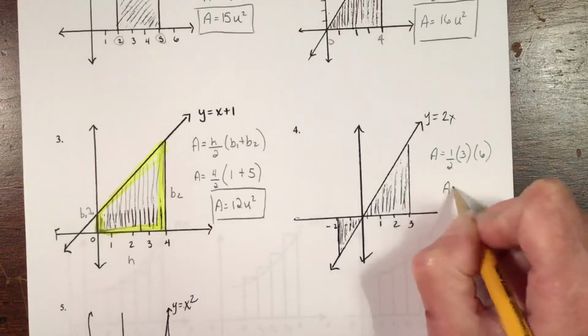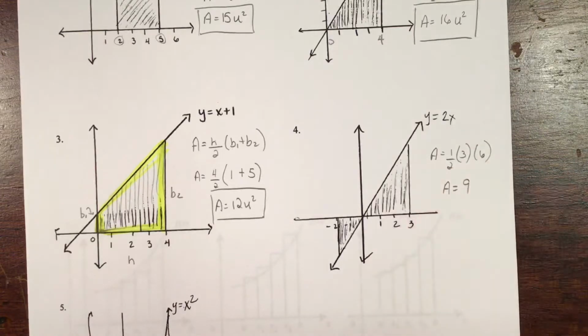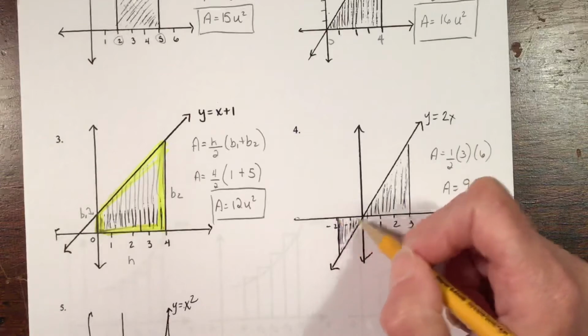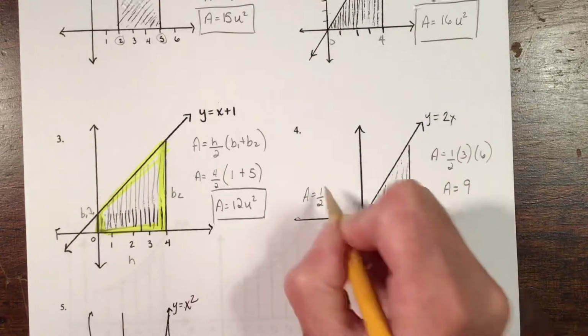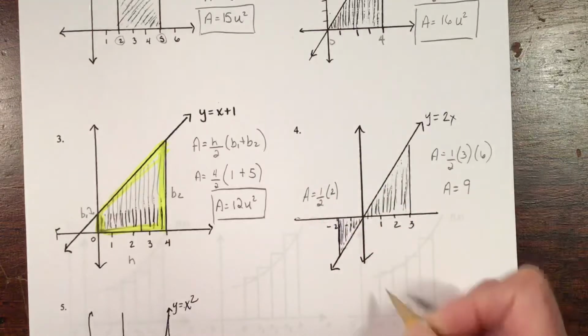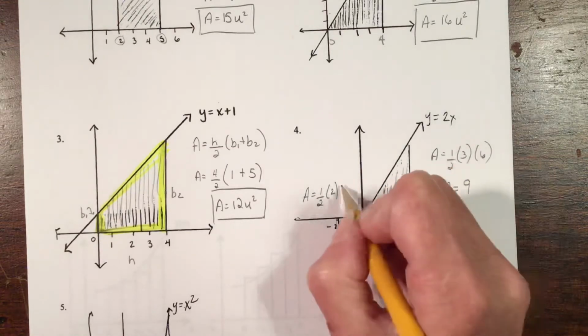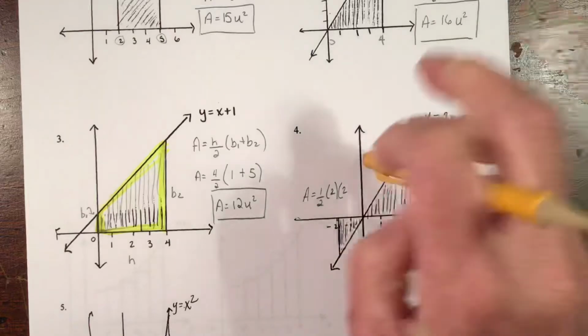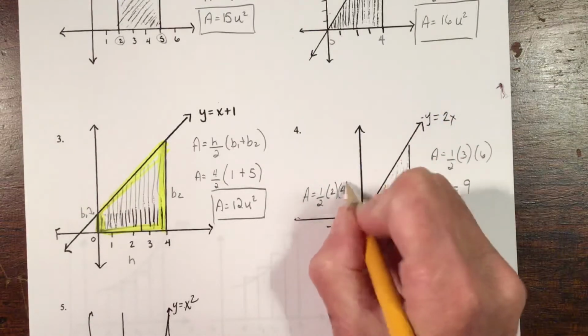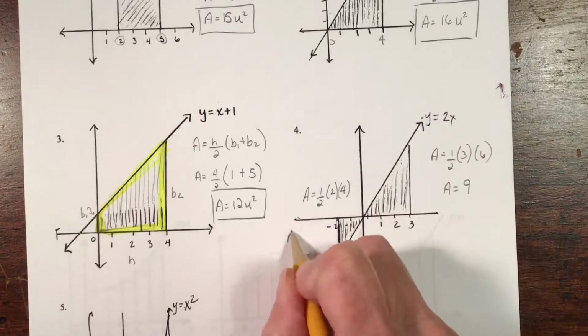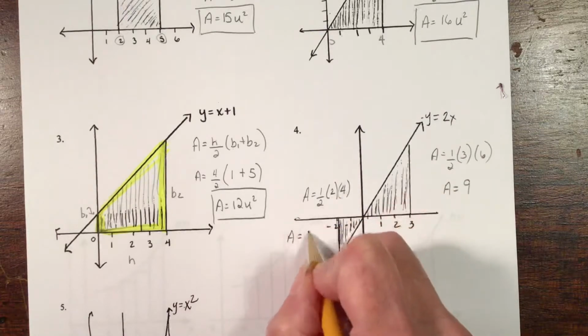So my area for this triangle would be 9 units. And now when I move over here, 1/2, my base is 2, and my height is also, oh, no, my height is 4. Silly me. So the area of this piece is going to be 4.